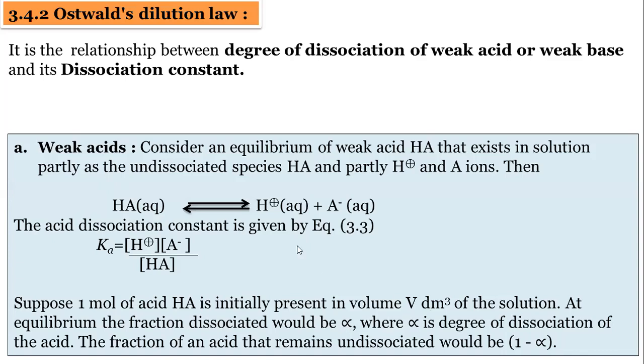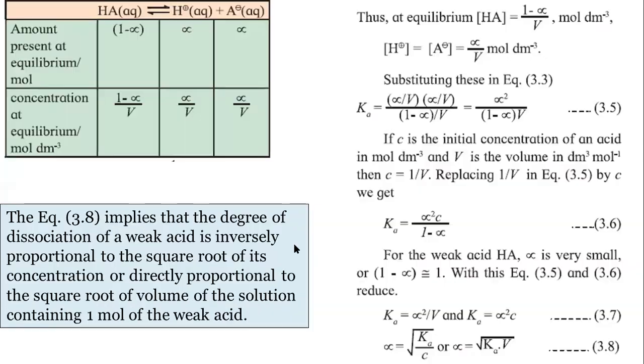At equilibrium, the amount of HA will be 1 minus alpha. Actually 1 mole of acid is present and alpha is dissociated. At equilibrium the amount of H plus will be alpha because it is dissociated.